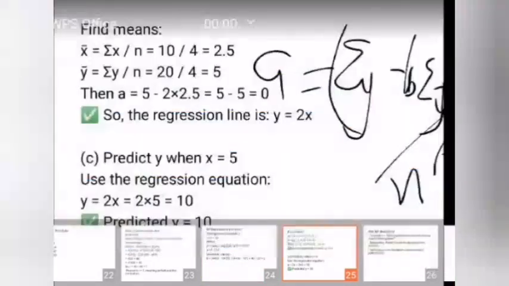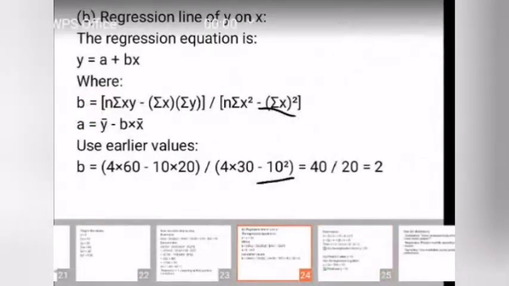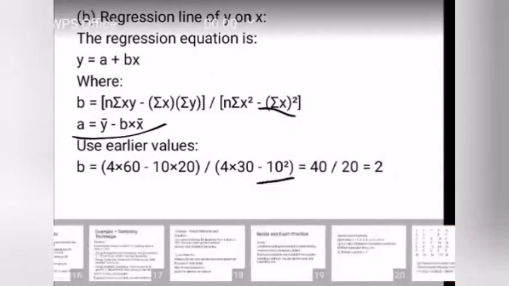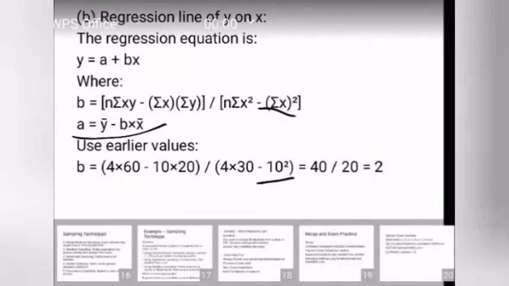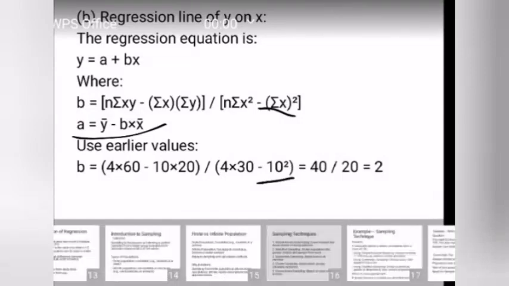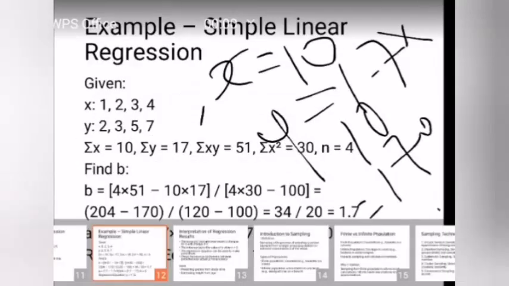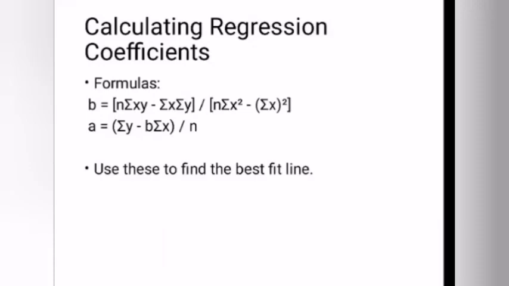Okay, there are also two formulas for finding a. You can find a as mean of y minus b times mean of x, or you use this other formula: sigma y minus b sigma x, over n.